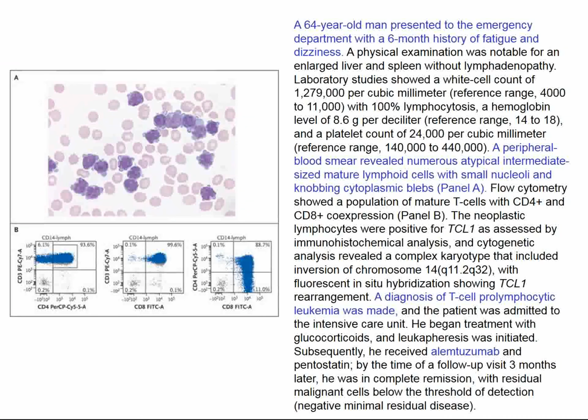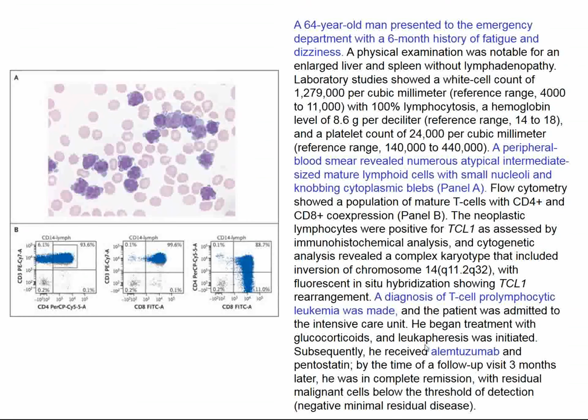But experts that look at a lot of patients of this nature recognize these peculiar blebs and reason that they might be T cells. And what we see here is from the further diagnostic testing in terms of surface markers of these T cells, identify these as pro-lymphocytic leukemia T cells.